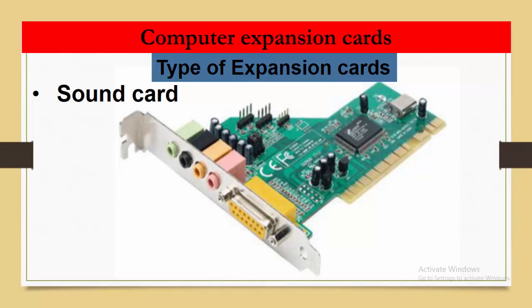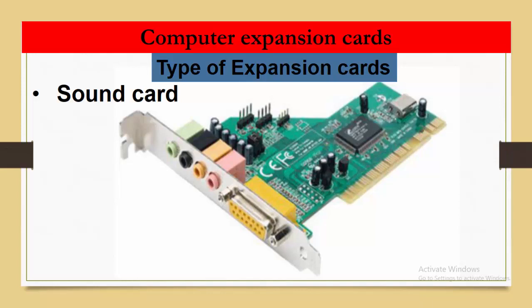However, this is not necessarily the best way to achieve high quality sound. Sound expansion cards convert digital sound data into the analog format, which is then relayed to external devices capable of playing sound, such as headphones or a speaker.